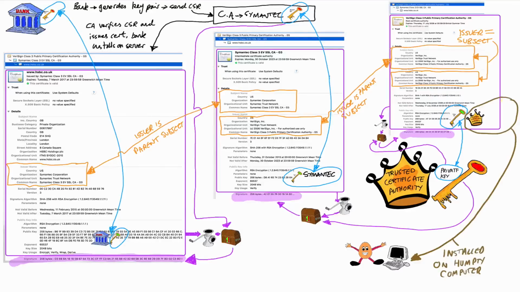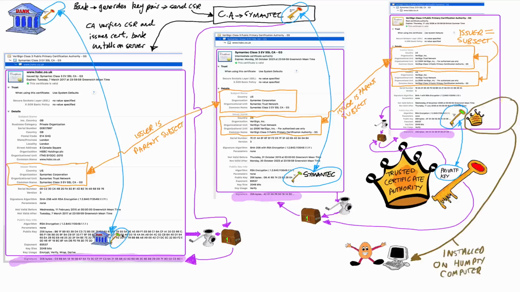Then what happens is Humpty's browser has to decide, essentially, do I trust that the certificate that I've been provided containing the public key that I'm being told belongs to HSBC really belongs to HSBC?